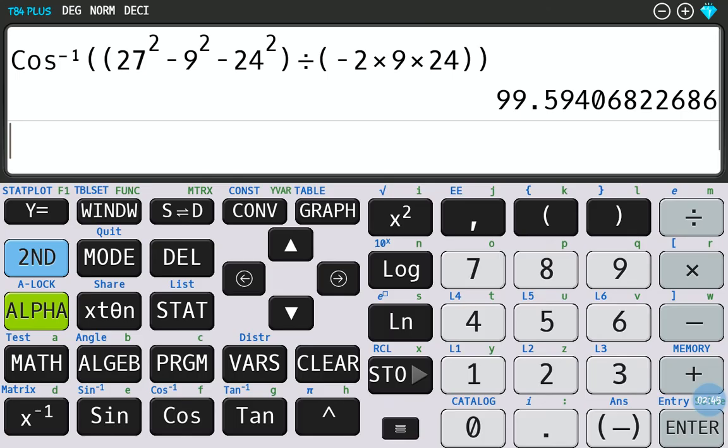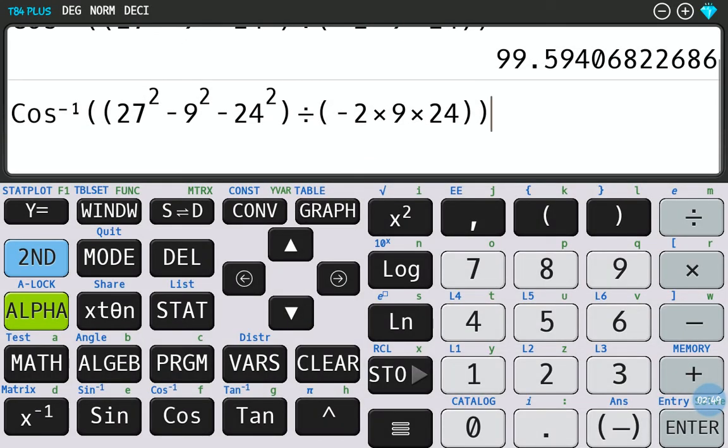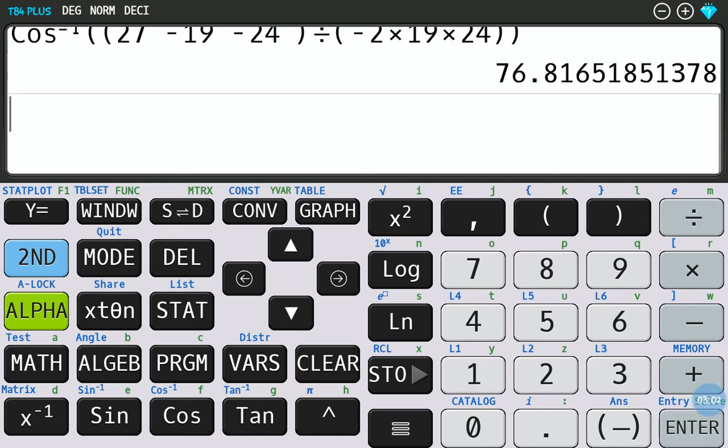I copied the question wrong. I put in a 9 by accident, so I just restarted it. Now I already typed it out, with 19 right here. So I got my answer, 76.81. Our answer should be rounded to the nearest tenth.